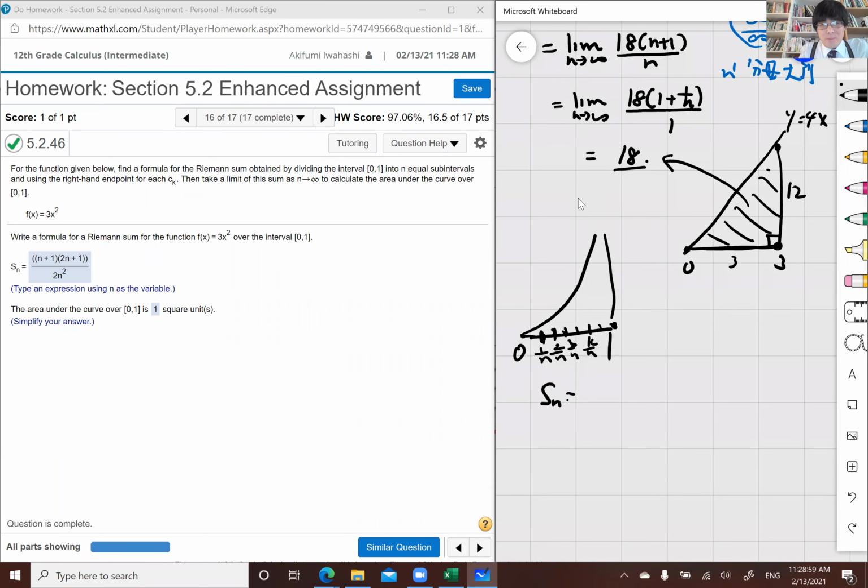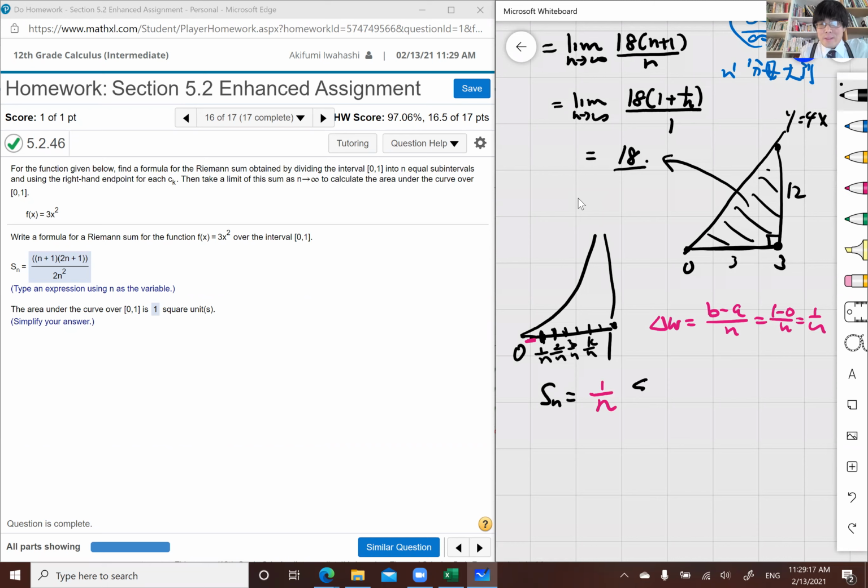So Sn is going to be the common horizontal length, which is (b minus a) over n. So 1 minus 0 over n, so it's 1 over n.